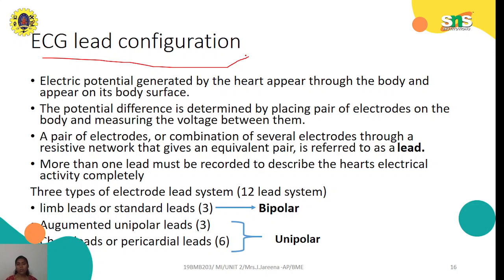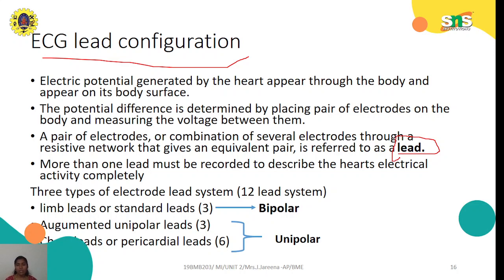That combination, that network, is nothing but a lead. The lead is very important to capture or acquire the action potential, whatever the target may be, the heart or muscle or anything, like ECG, EEG or EMG. So the lead is the important thing.